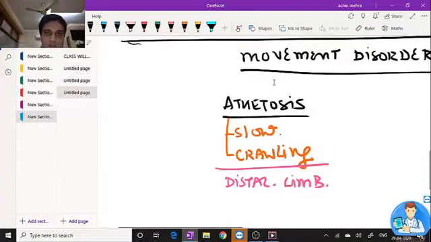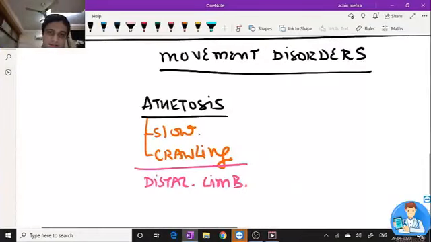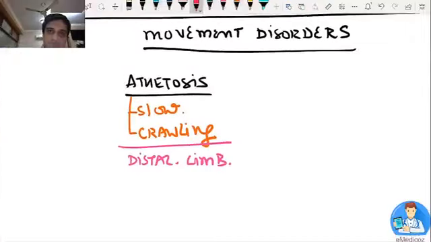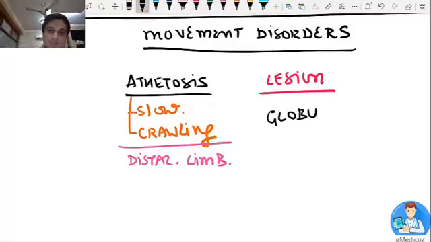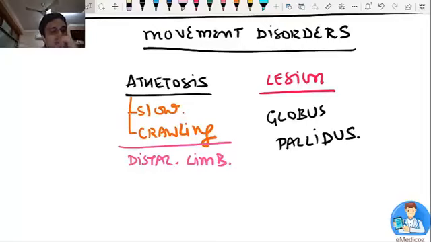Now, where is the lesion located? The point here is, to cause athetosis, where is the lesion in the brain located? Just remember this, the lesion is located in this part of the brain, globus pallidus. Okay. So the globus pallidus is a part of the basal ganglia, if you remember, the medial part of the lentiform nucleus.